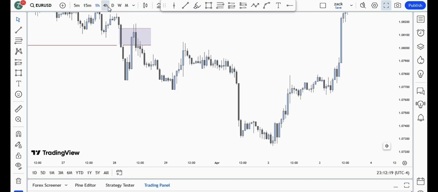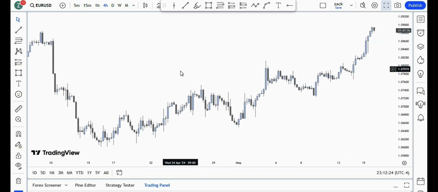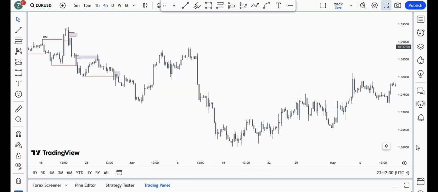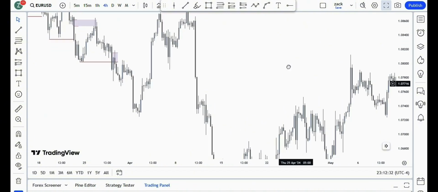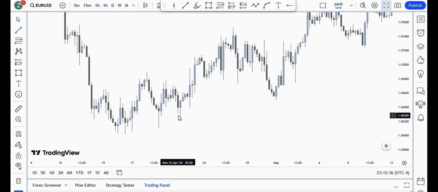So let's look for a buy type of fair value gap. Okay, this high is taken.